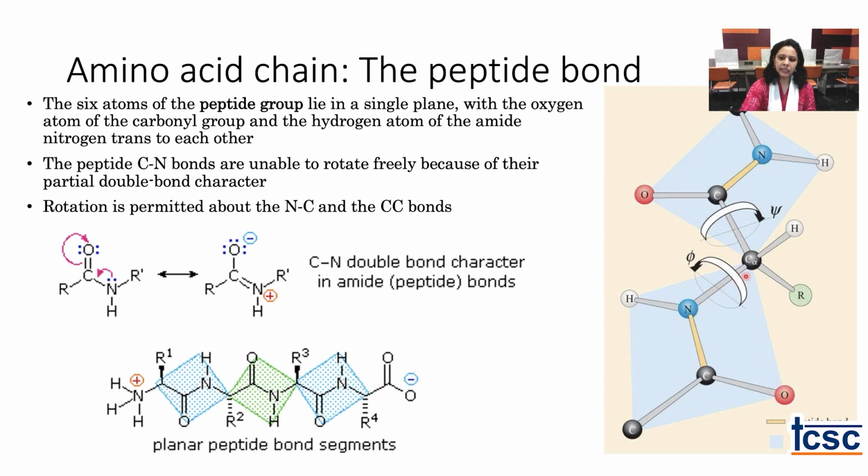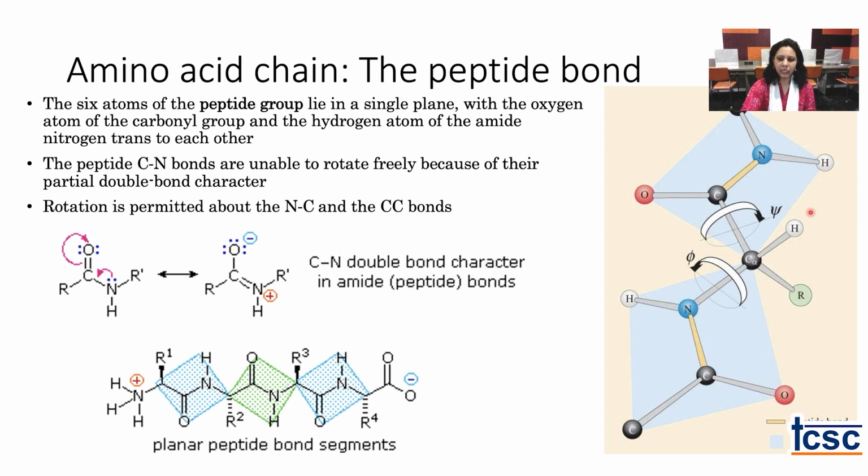And the N C alpha bond is called the phi angle. These two angles are very important because they characterize how much a particular peptide chain can be bent. And there are permissible limits to which these phi and psi angles can take their values.